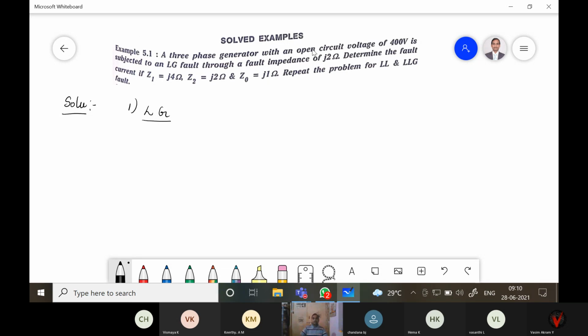He has given a fault impedance, okay, fault impedance is also given. So that is the second set of derivation, including ZF. So we need to consider those circuits as well as those equations.